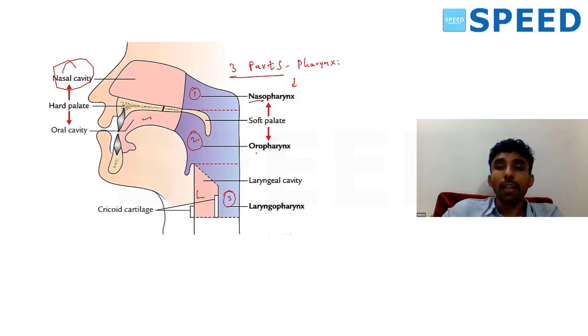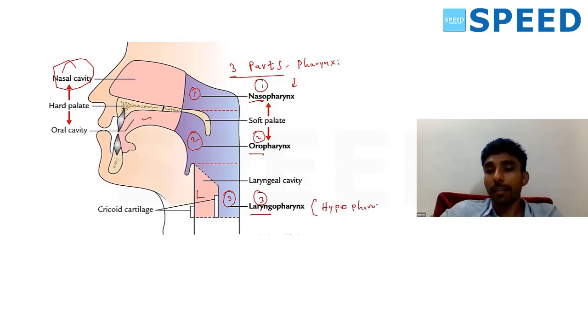So these are the three parts of the pharynx from above downwards: nasopharynx, oropharynx, laryngopharynx. The laryngopharynx is otherwise called hypopharynx. It is located below, so it is called hypo, meaning below. Hypopharynx.